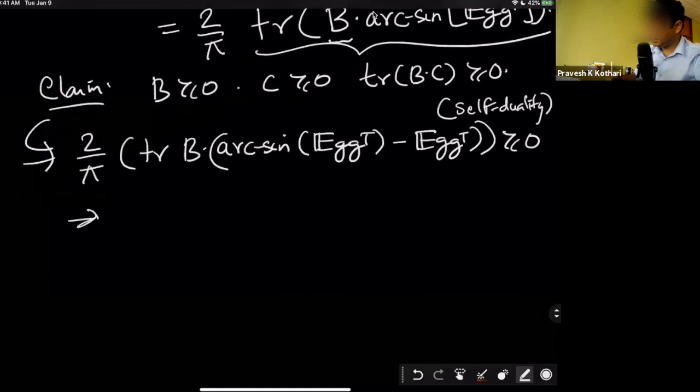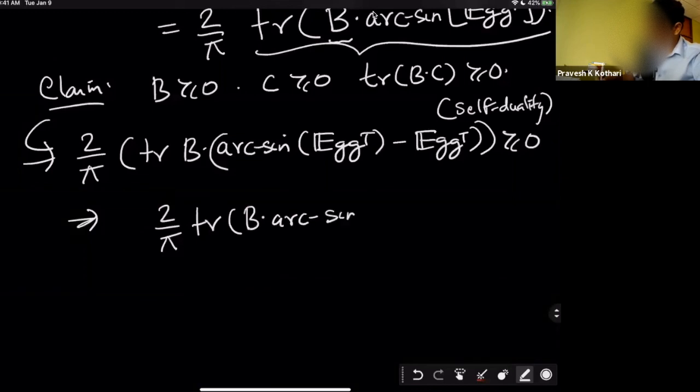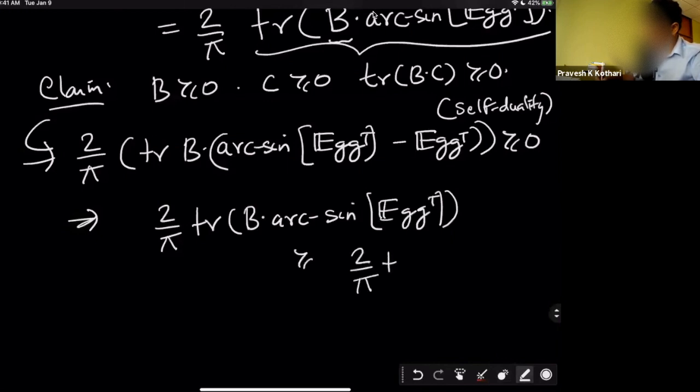And so that means that 2 over pi trace of B arc sine E G G transposed is at least 2 over pi trace of B E G G transposed.